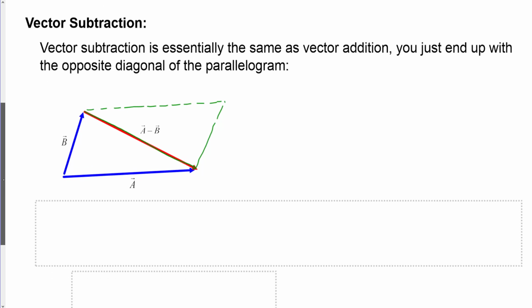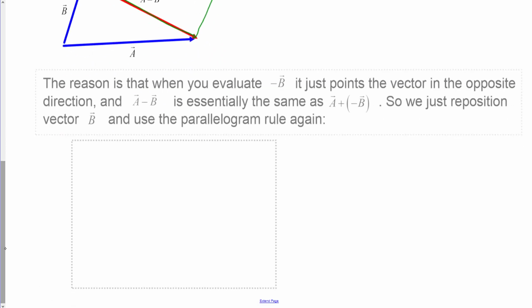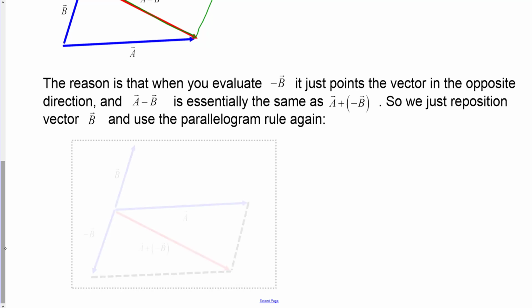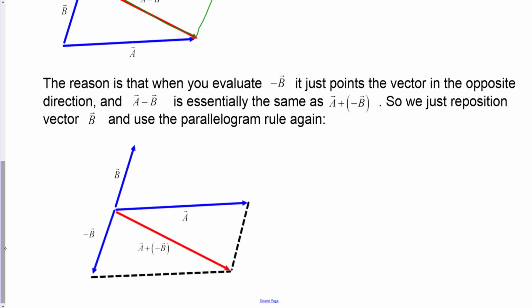And to understand why that is, let's look at what happens when you evaluate negative b. It just points the vector in the opposite direction. And a minus b is essentially the same as a plus negative b. So if we just reposition vector b so that it's negative b, so if this is originally vector b, negative b just points in the opposite direction.